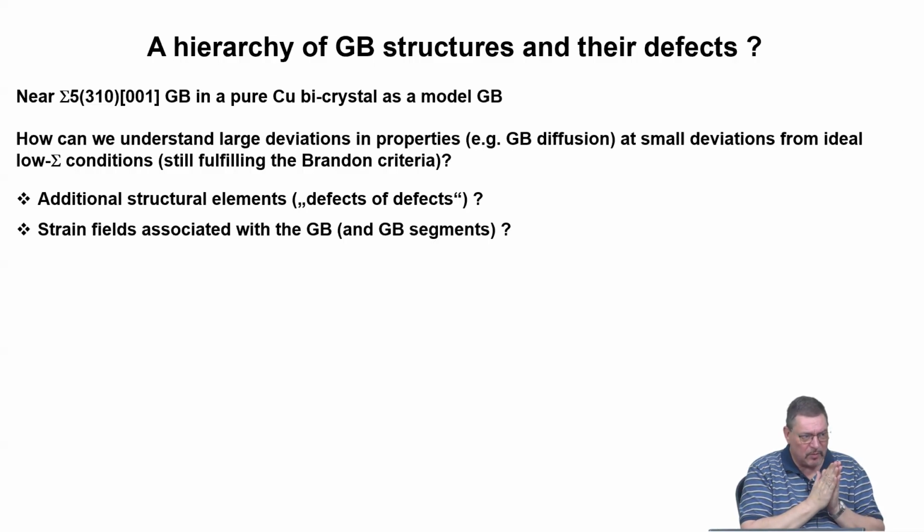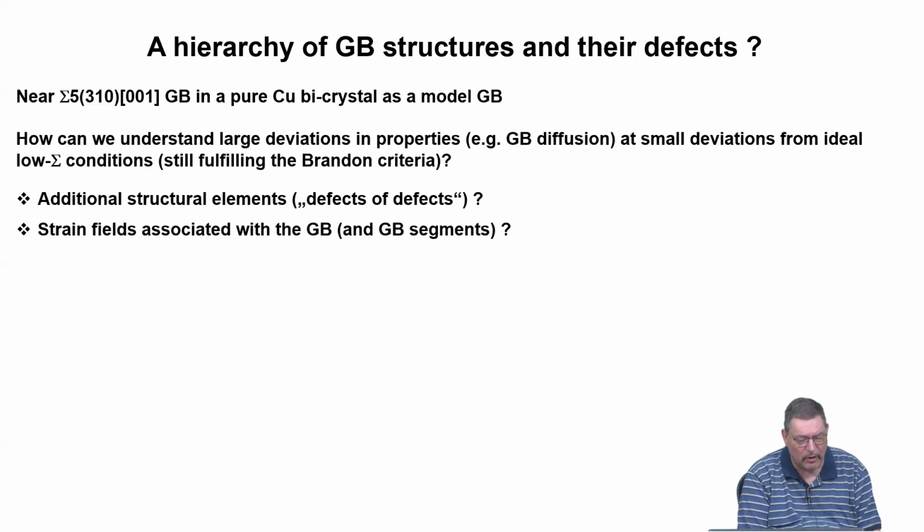If you do this experimentally, you find out that this is not really possible in a perfect way over long distances. And if you do macroscopic measurements, but even microscopic measurements by TEM, you will see that there are always deviations from perfect misorientation, from perfect grain boundary inclination, and you also get grain boundary curvatures.